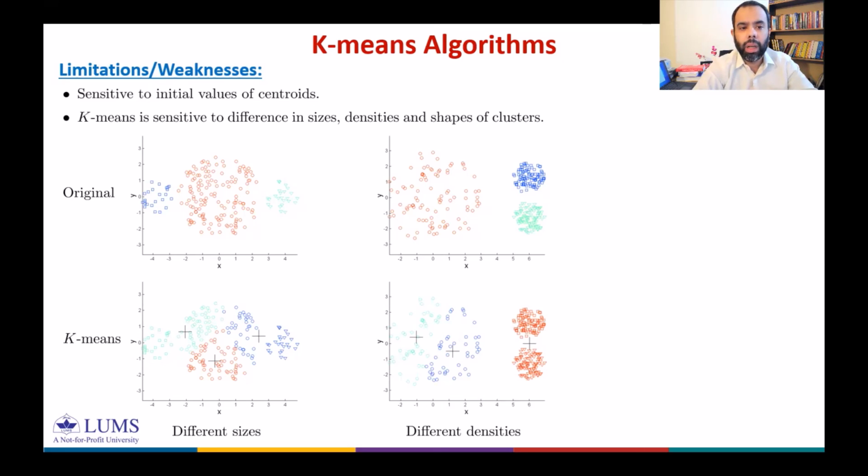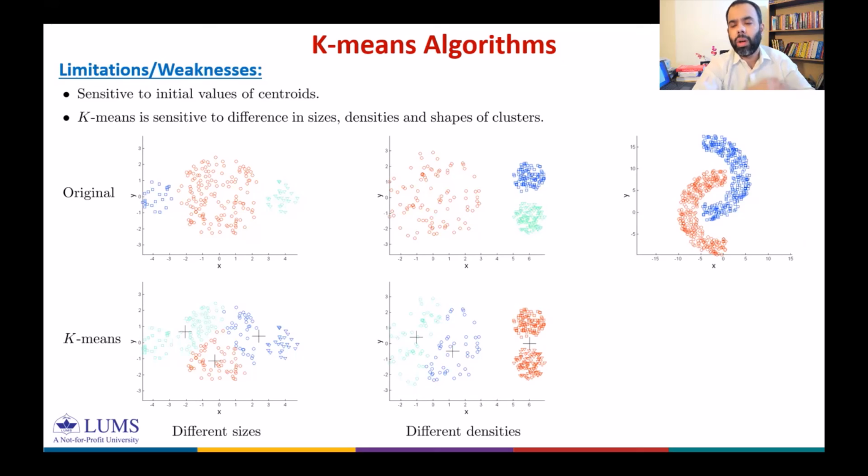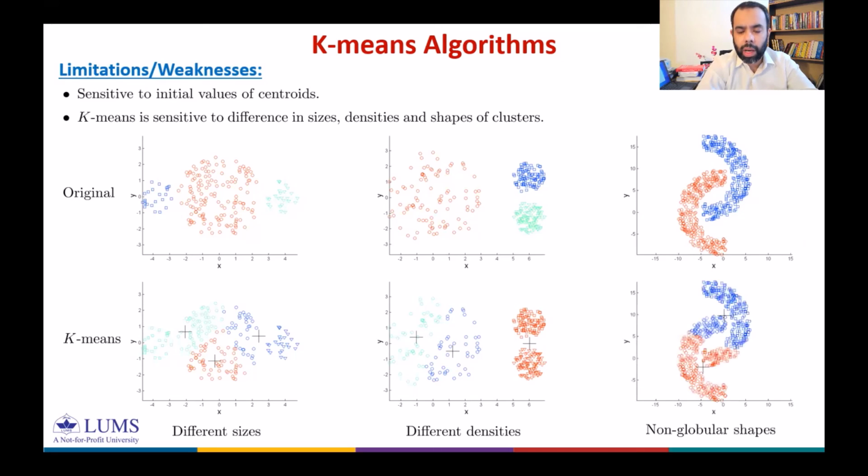Another example is when we have clusters of different shapes, where the clusters are not like blobs, or they are non-globular shapes. In this case, we also have suboptimal clustering because k-means assumes that we have clusters of globular shapes or blobs in higher dimension space. So these are some of the limitations or weaknesses of k-means.